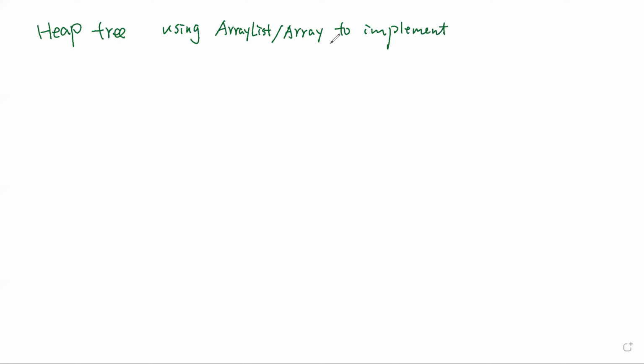But if you want to use an array or array list to implement it, the first concept we need to get clear is called a complete binary tree. And the AVL we learned is called balanced, self-balanced, but this is another kind of binary tree.